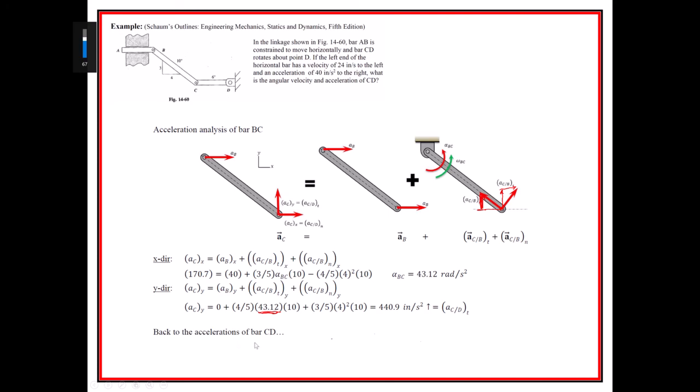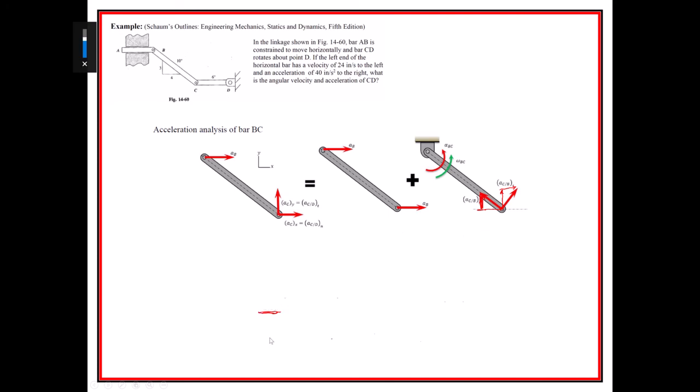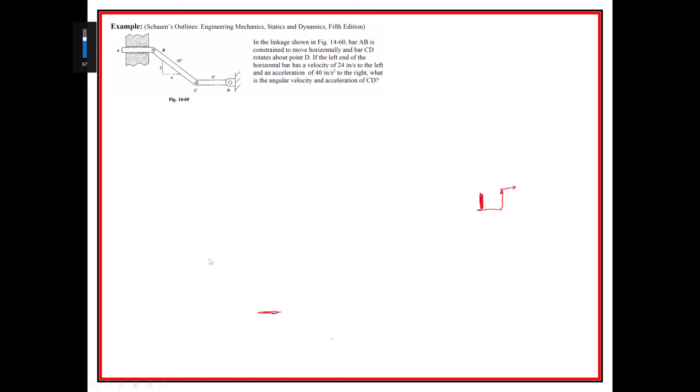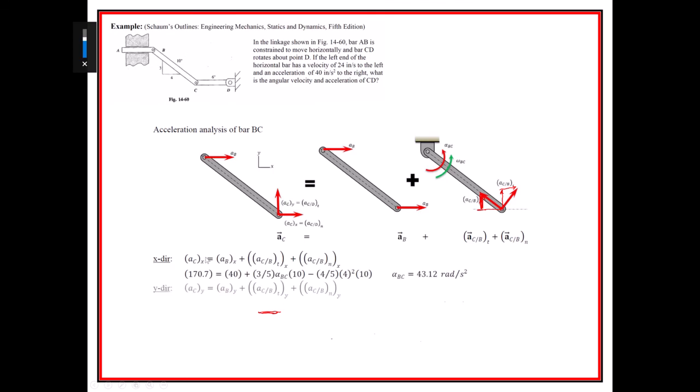Now we can go back to bar CD that we had on the previous page. We could take a look at this right here, and we just found the y component, which is the same thing as here. So we will come back, and looking through this, we set this y component that we just found equal to the angular acceleration of that CD times its distance.